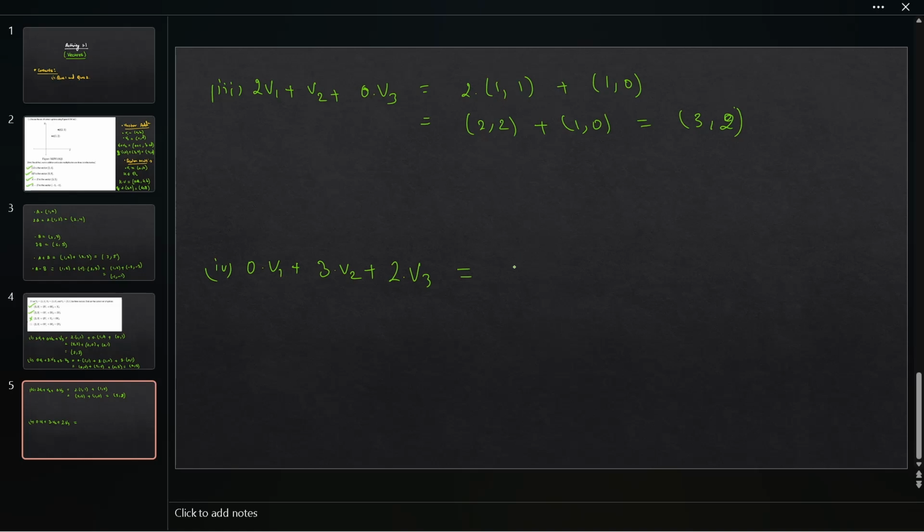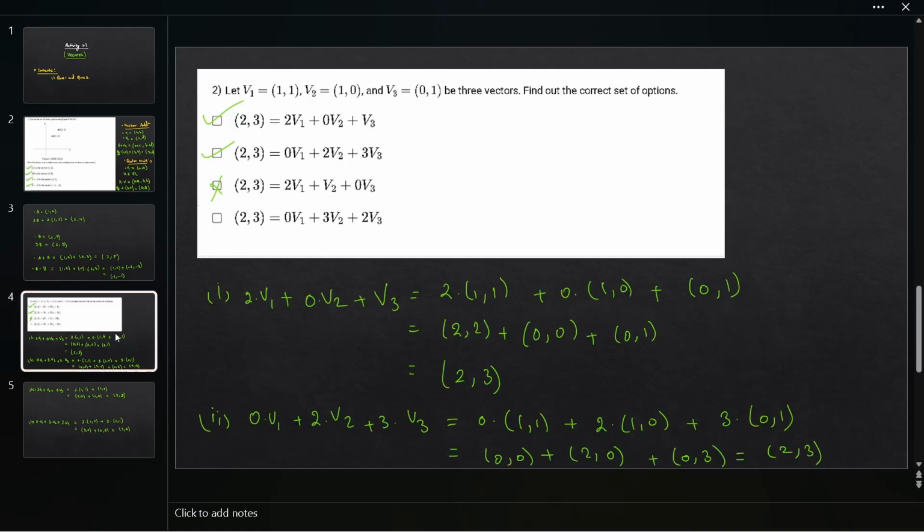The remaining terms are 3 times v2, where v2 is (1, 0), plus 2 times v3, where v3 is (0, 1). So the answer in this case would be (3, 0) plus (0, 2), that is (3, 2). Again, option 4 is incorrect because (3, 2) was the right answer.